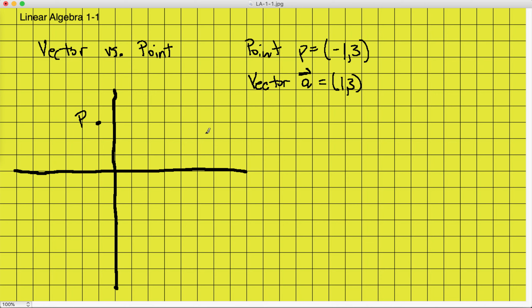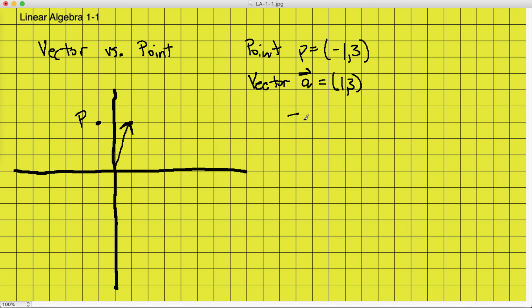And what is different here is as I come over 1, 1, 2, 3, this isn't just a point. What this actually is, is a line with an arrow on it, and the arrow points like that. So there are two things that distinguish a vector from a point.